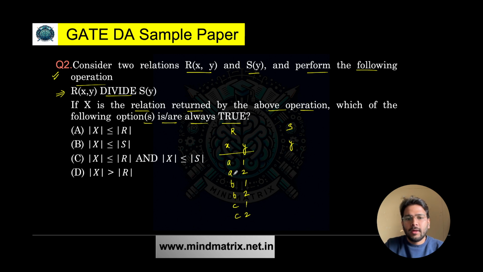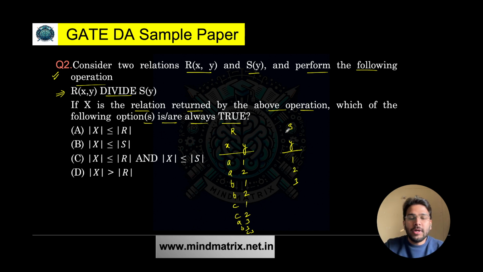Let me add more data just for more clarity. Let's say we have A3 also, B3 also, C3 also. Fine. Now let's say in S, this Y, we have 1, 2 and 3.